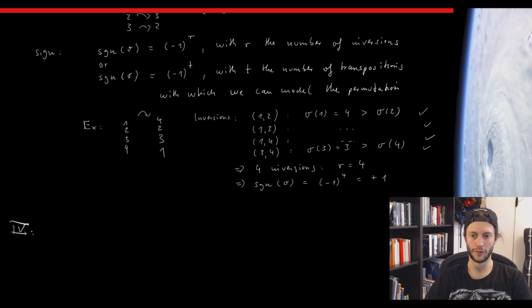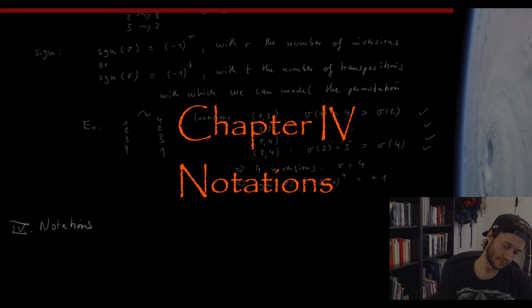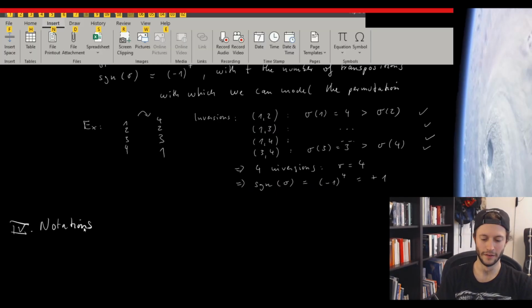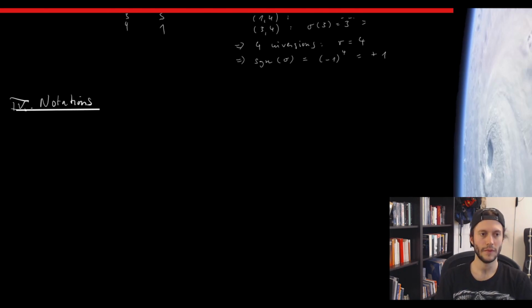Let's recap real quick what we did. We figured out what a permutation is. Let me write this down. Notations. And let's make a line. Very nice. We figured a permutation is a bijective map on a finite set, or shuffling.